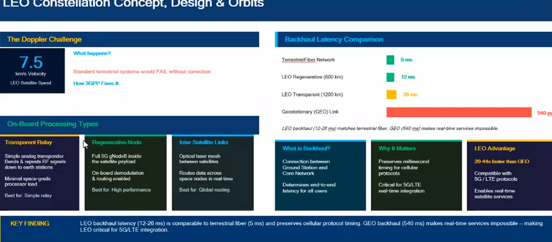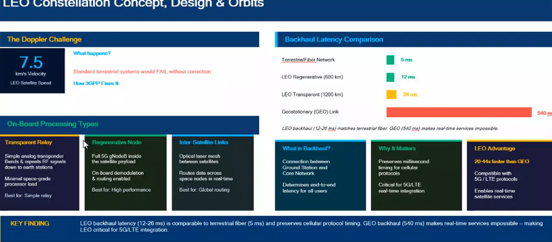But for the transparent relay, it acts like a mirror, right? So for this kind of satellite, we can concentrate more on the footprints. We can get good coverage with the help of these transparent relays. Inter-satellite links are an optical laser mesh between the satellites, which will route the data across the space nodes in real time.